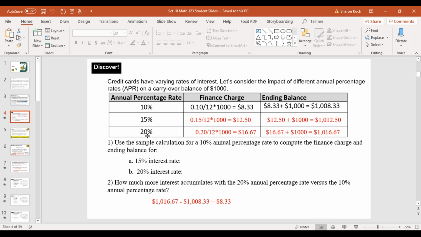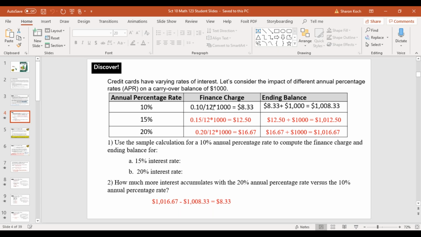So in order to figure out our monthly finance charge, we are going to take our APR rate, 10%. We have to convert it to a decimal because we're going to be using it in a mathematical equation here. So 10% is 0.1 or 0.10.